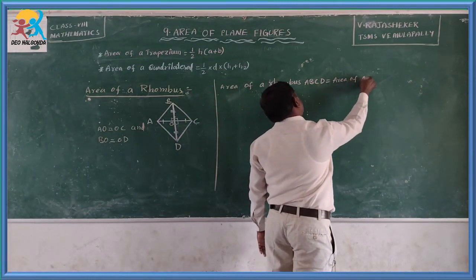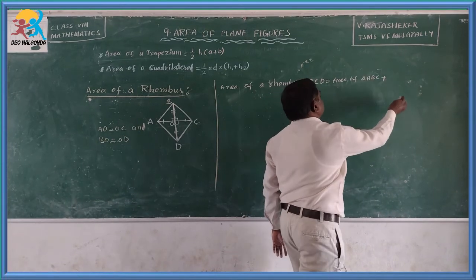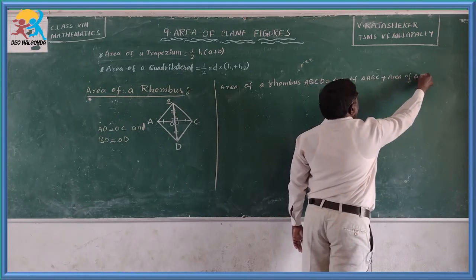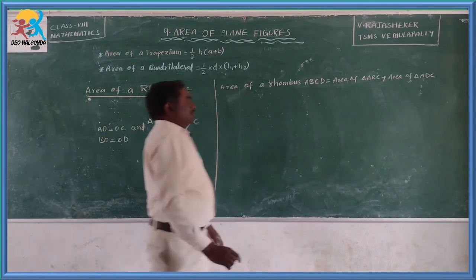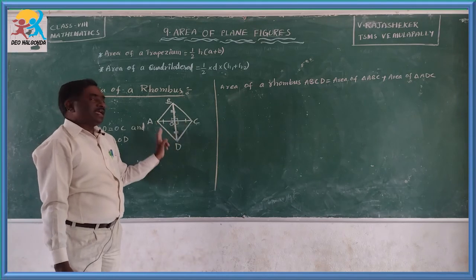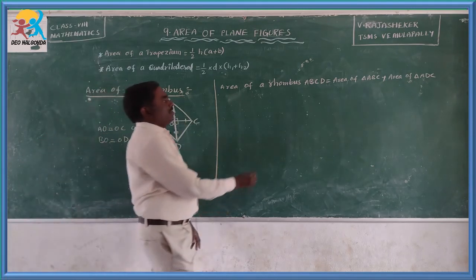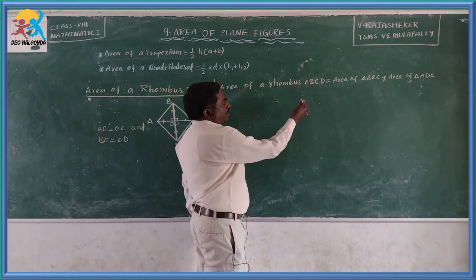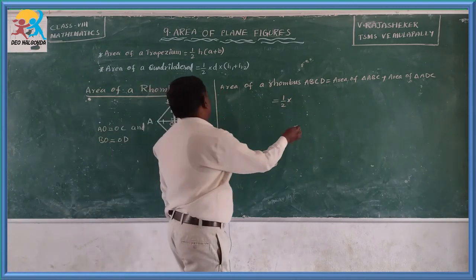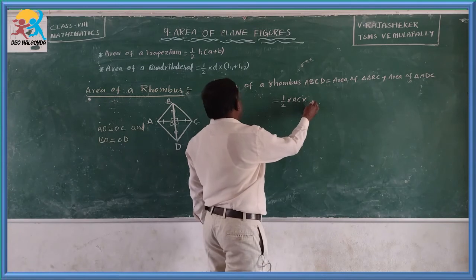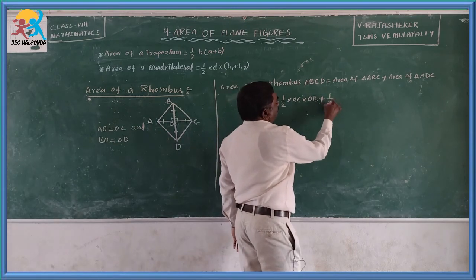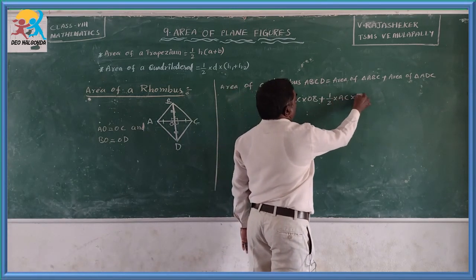plus area of triangle ADC. So, what do we get? Area of triangle ABC, half into base AC into height OB, plus half into base AC into height OD.